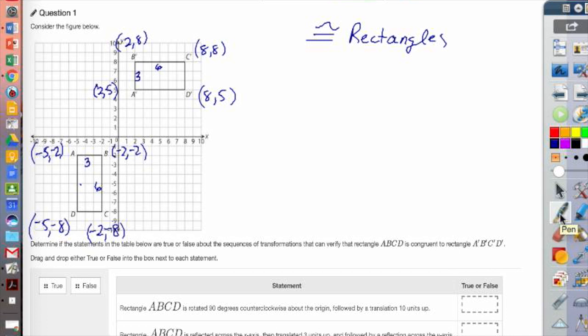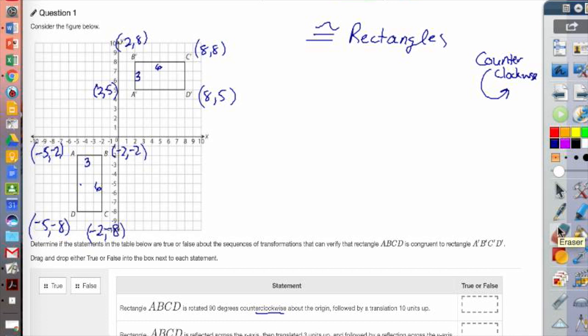The first one says rectangle ABCD is rotated 90 degrees counterclockwise. Counterclockwise is in this direction, as opposed to clockwise, where you read the hours on a clock.